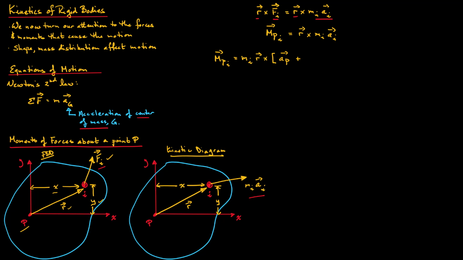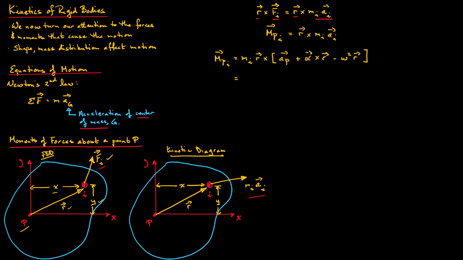This is from our study of kinematics. So we can just say we have a tangential acceleration minus a normal acceleration. So now, as we can see, the quantities are all in terms of the point P about which we're taking the moments.